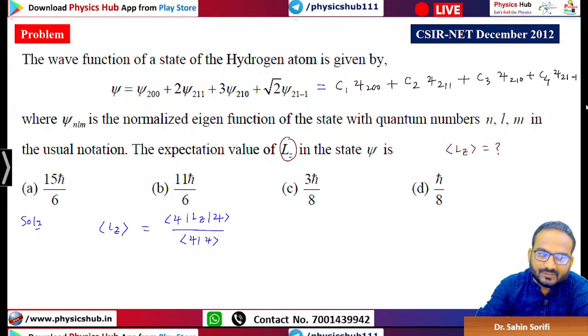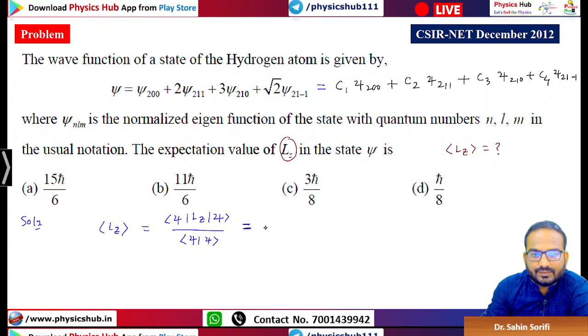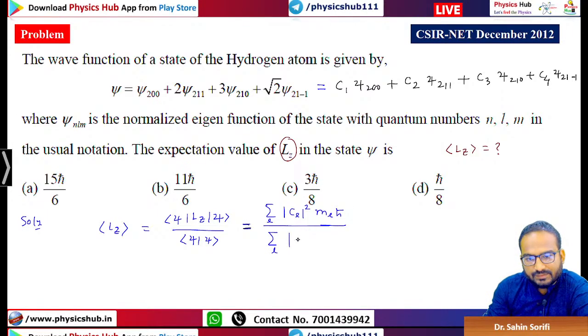Okay. So can we not write it in this way, that it is sum over L of modulus of CL square ML ħ divided by sum over L of CL square? Can I write it?